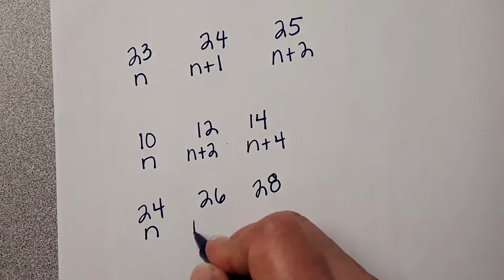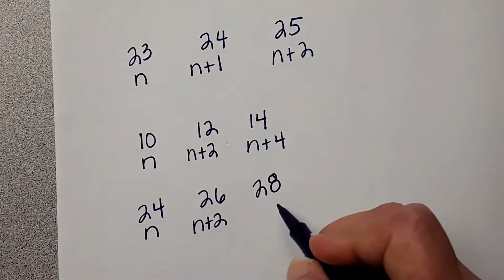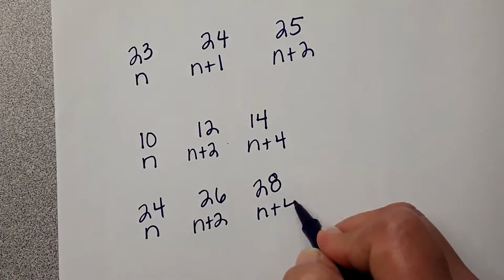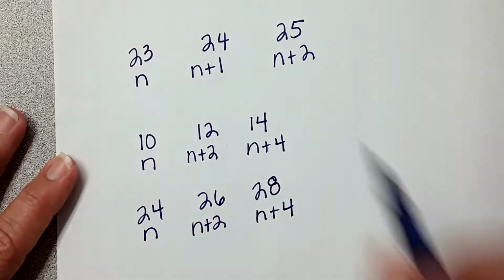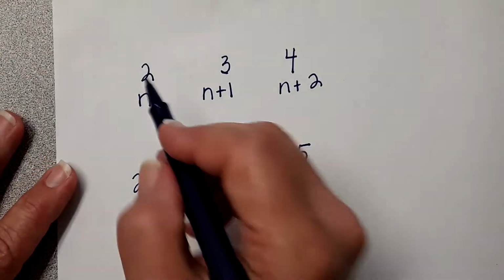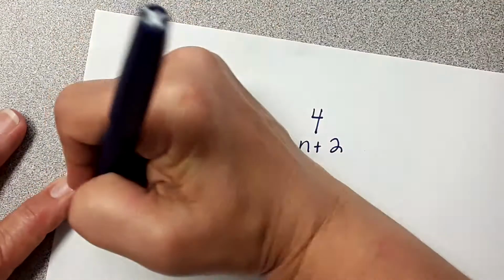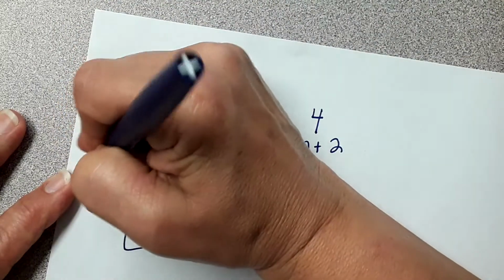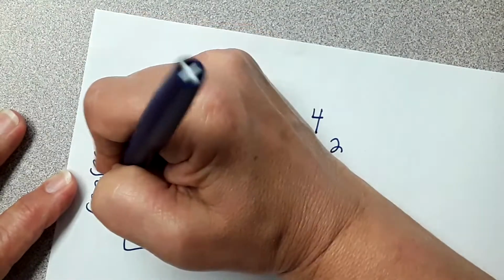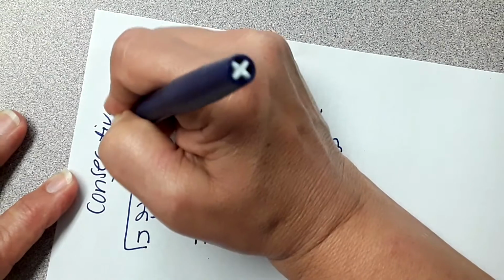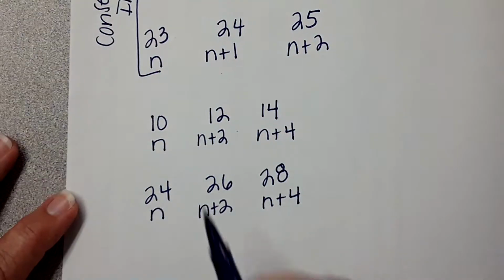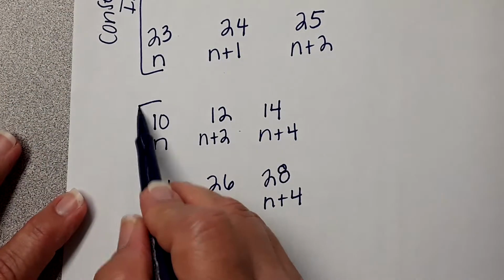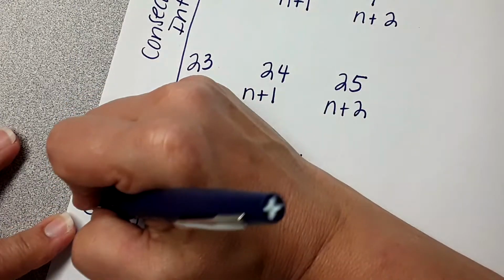Plus 2. 28? Plus 4. Okay, so what are these? Consecutive even integers.